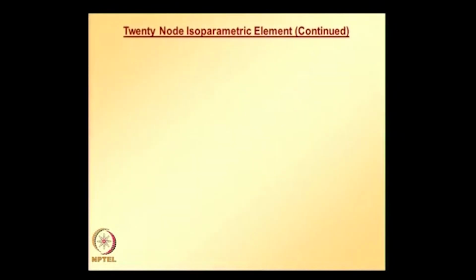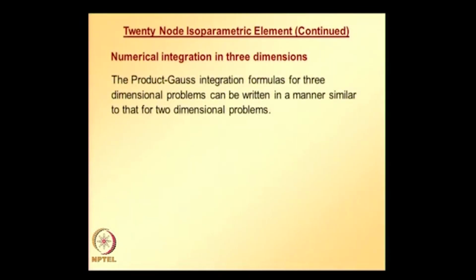Next is equivalent nodal force vector, but before we proceed there, numerical integration. The previous element stiffness matrix we need to evaluate using numerical integration. So, quickly let us go through numerical integration in 3 dimensions, similar to what we already looked at for the 8 node hexahedral element.